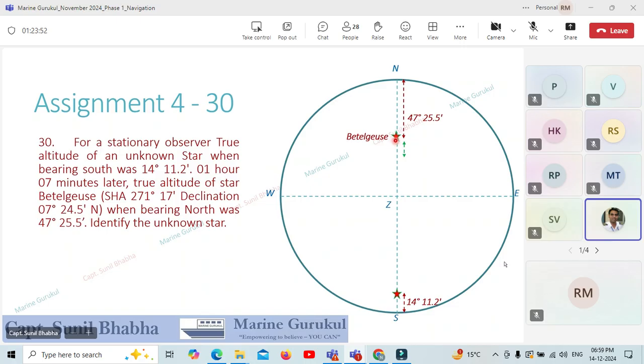So from star Betelgeuse, I go 7 degrees 24.5 minutes south, and this is where the equinoctial should be passing. So I get my Q point, and I know the equinoctial will pass from Q. Equinoctial always passes from the west and east points. So I can now mark off the equinoctial in the diagram as WQE. WQE is the equinoctial.